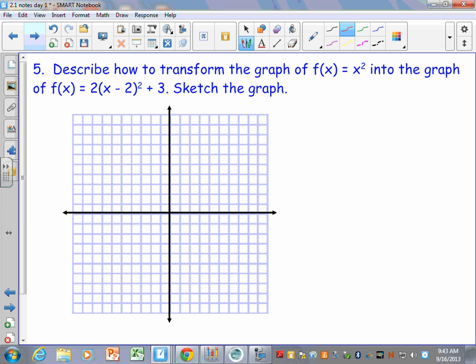Like I said, I feel like vertex form is just using the stretches and shrinks and the horizontal shifts and vertical shifts a lot easier than the standard form.